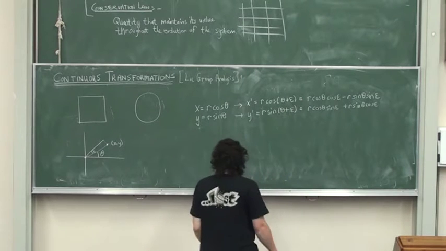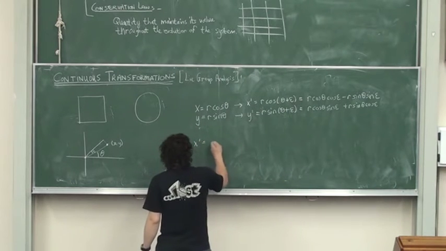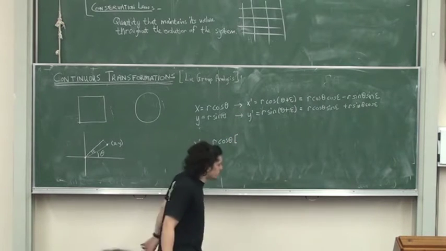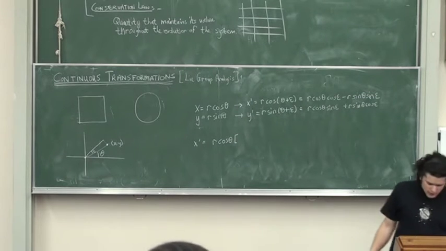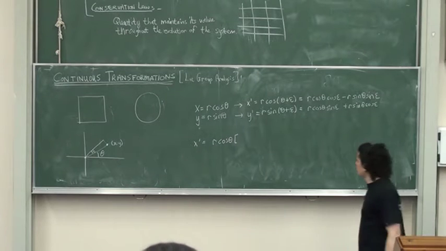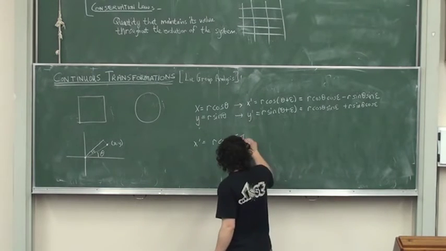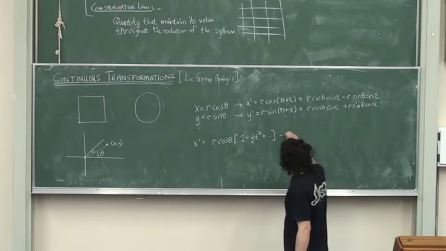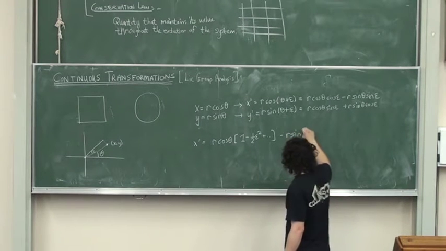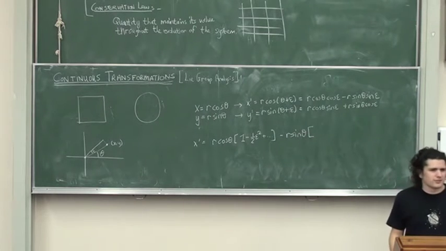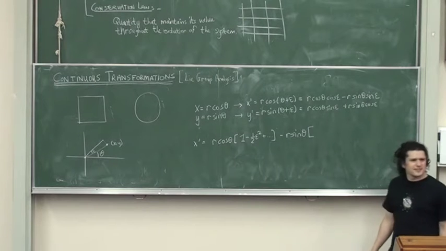Expanding these around 0, cos epsilon looks something like 1 minus a half epsilon squared, and sin epsilon looks like epsilon minus epsilon cubed over 6, something like that.